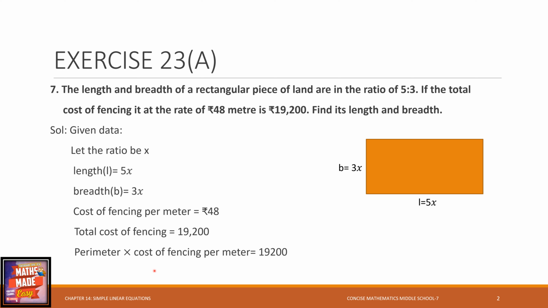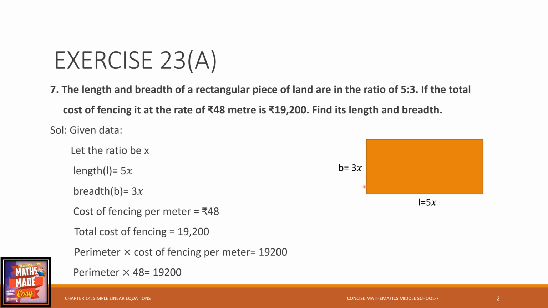That is perimeter into cost of fencing per meter. Then you will get 19,200, right? So just substitute this 48 as the cost of fencing per meter. So perimeter into 48 is equal to 19,200. I hope you got how I got this, right?